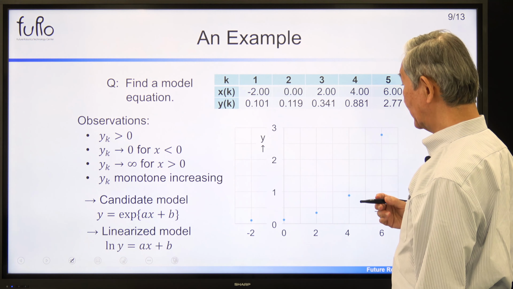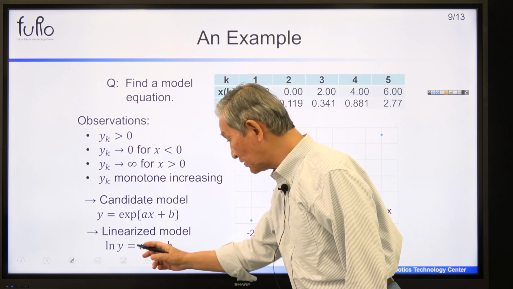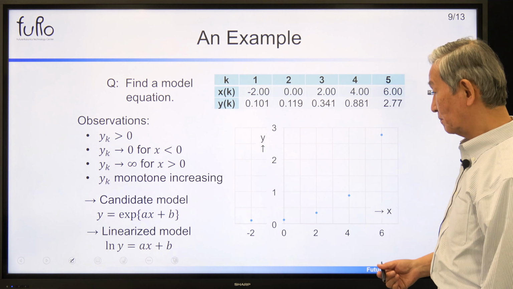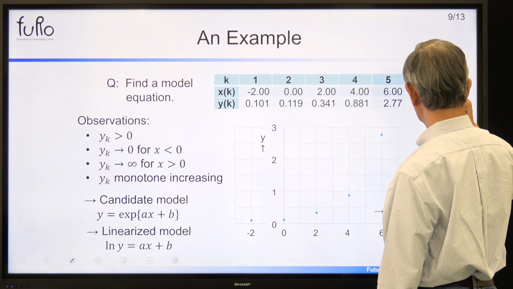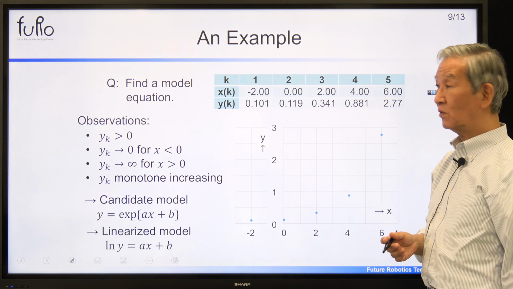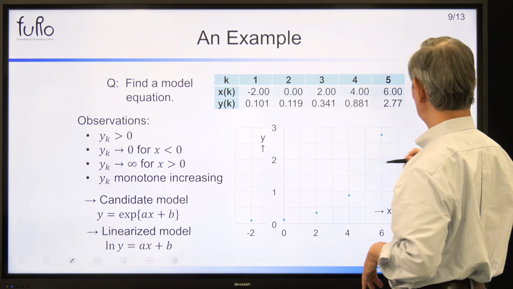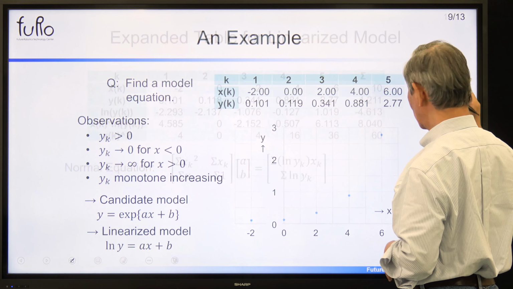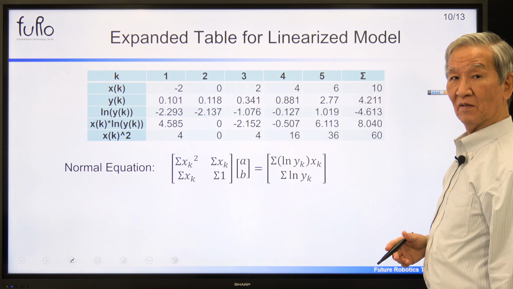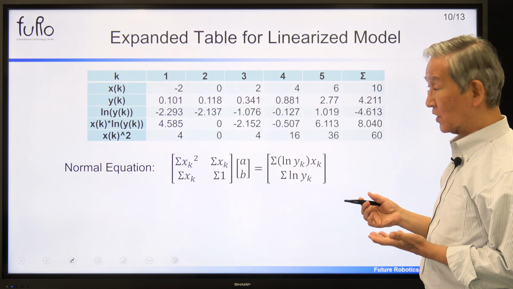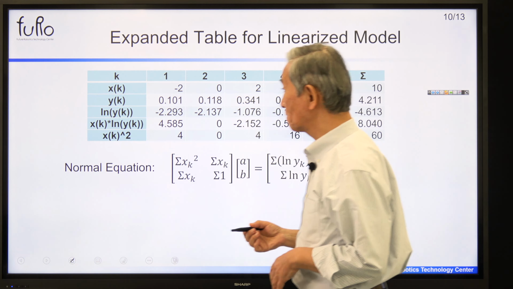All right. So let's use this linearized model to come up with a and b. We expand this table to include the values used in the normal equation.